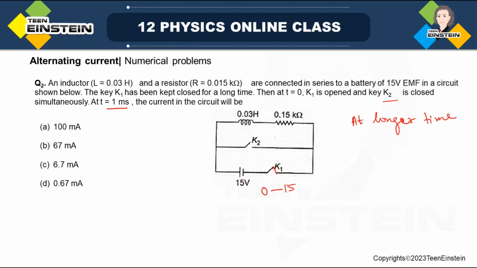The 15 volt will not be suddenly 15 volt, it will grow from 0. Since voltage will be changing across the circuit, the current also will change. During that time, whenever there is a change in the current, this inductor coil will offer some resistance to the flow of the current because of back EMF.